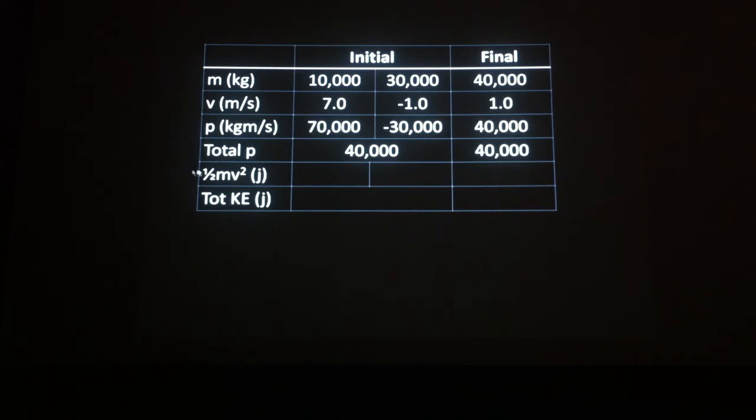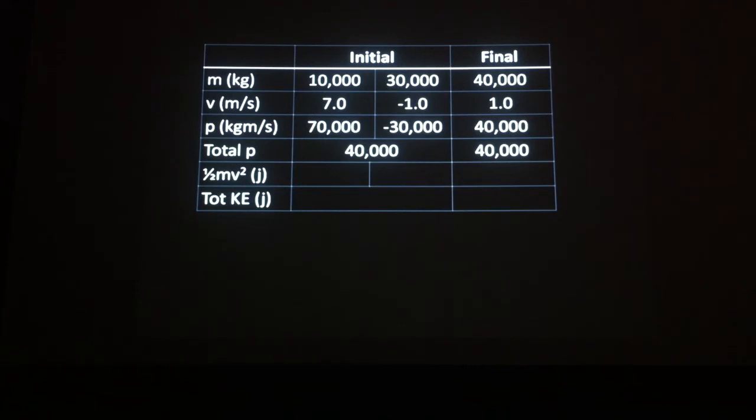So first we're going to square the velocity. 7 squared is 49. 49 times the mass, which is 10,000, gives us 490,000. And half of 490,000 gives us 245,000. We'll see that in a moment. And then, of course, we're going to calculate the kinetic energy of the three freight cars, 30,000 kilograms.